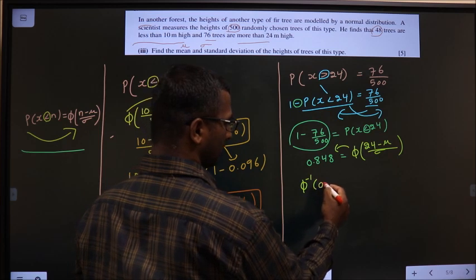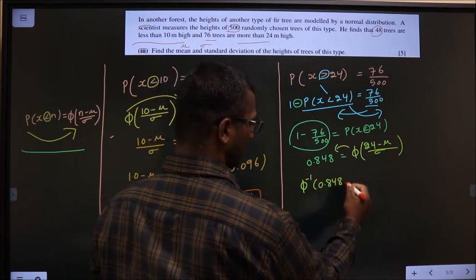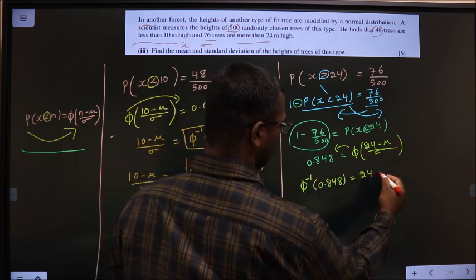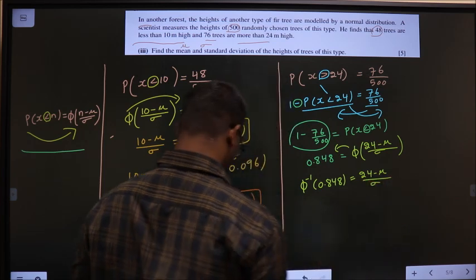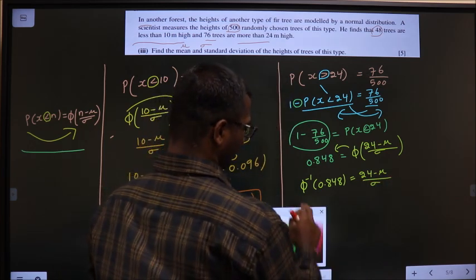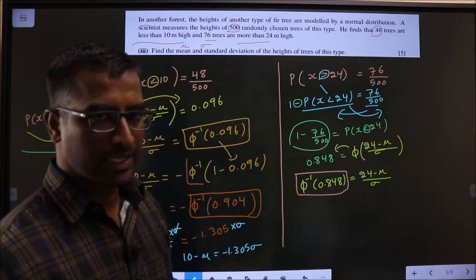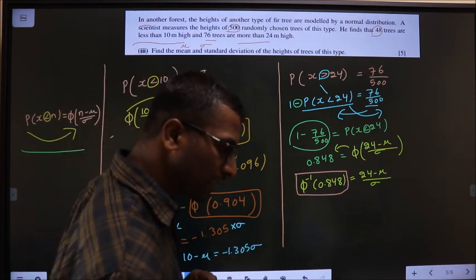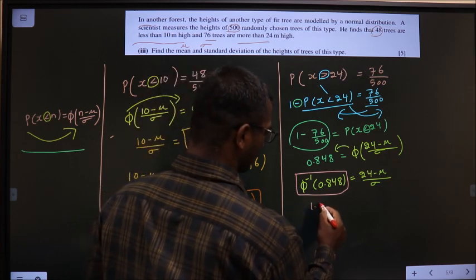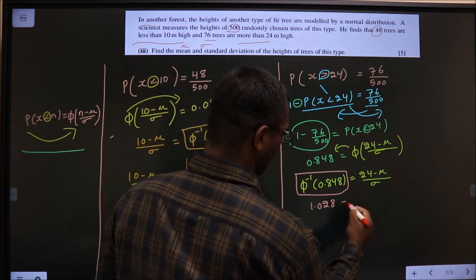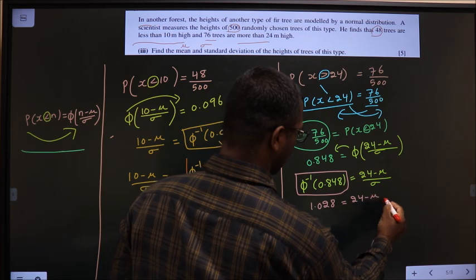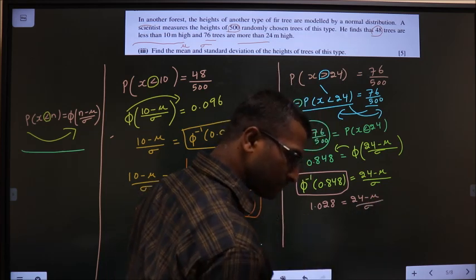It will become phi inverse of 0.848 equal to 24 minus mean by standard deviation. Now you get this value from the normal distribution table and you should get it to be 1.028 equal to 24 minus mean by standard deviation.